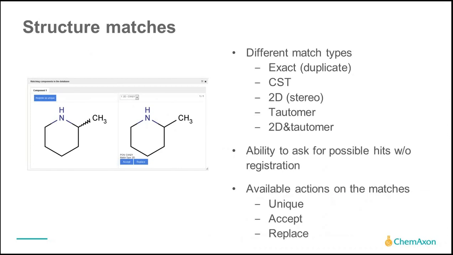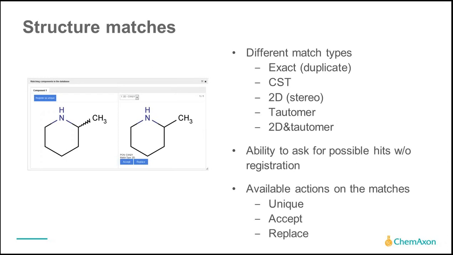The structure matches take into consideration not just the topology of the structure, but also, of course, additional features like the tautomer information, the stereocenters, and so on. But additional metadata can also be taken into consideration, like chemically significant text.